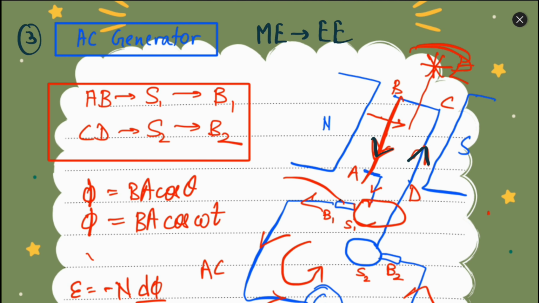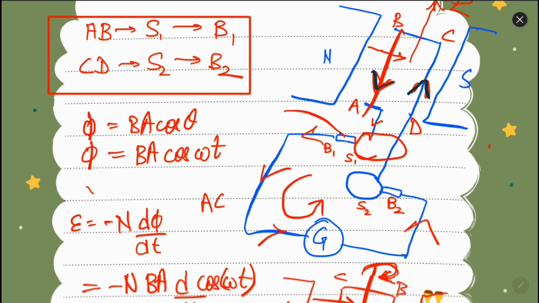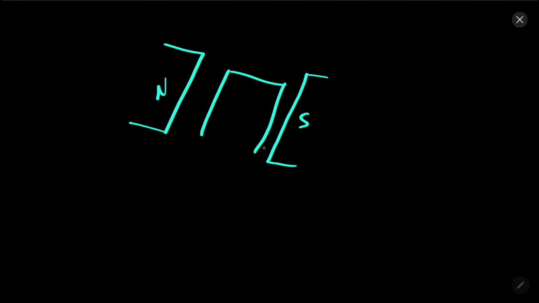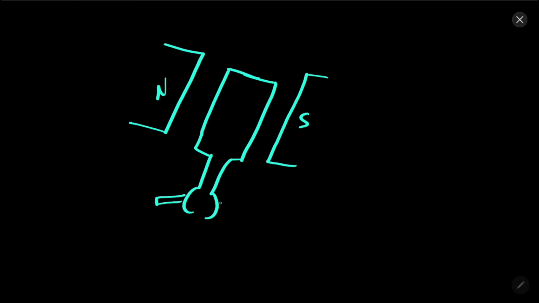If you want to have a DC generator, then do one thing. Instead of using slip rings, use split rings. It is quite simple. In split rings, what do we have? Let's say this is a magnet, north pole, and this is the south pole, and this will be our coil. Now this coil has to be attached with split rings.